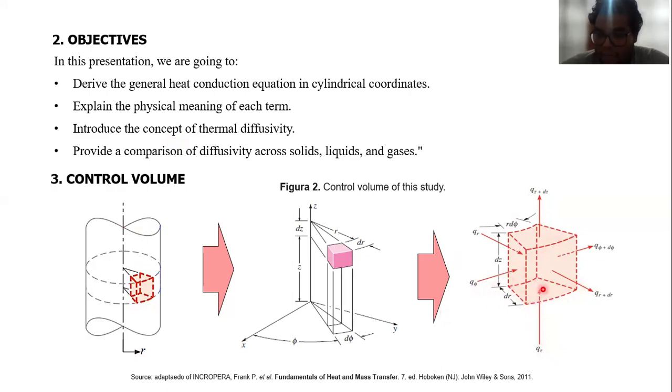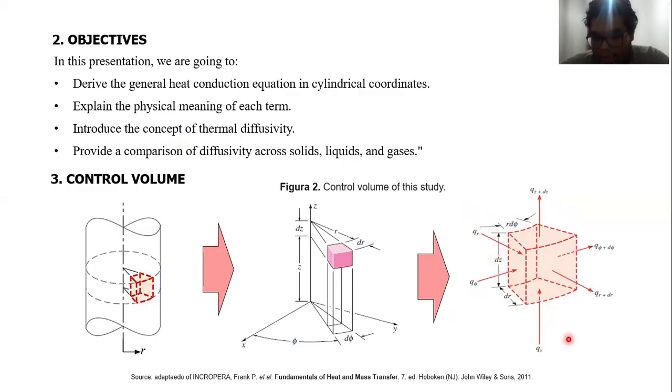We have a volume element, and we are making some introduction to heat. We have Q_r, which is the rate of heat going in at the r face.